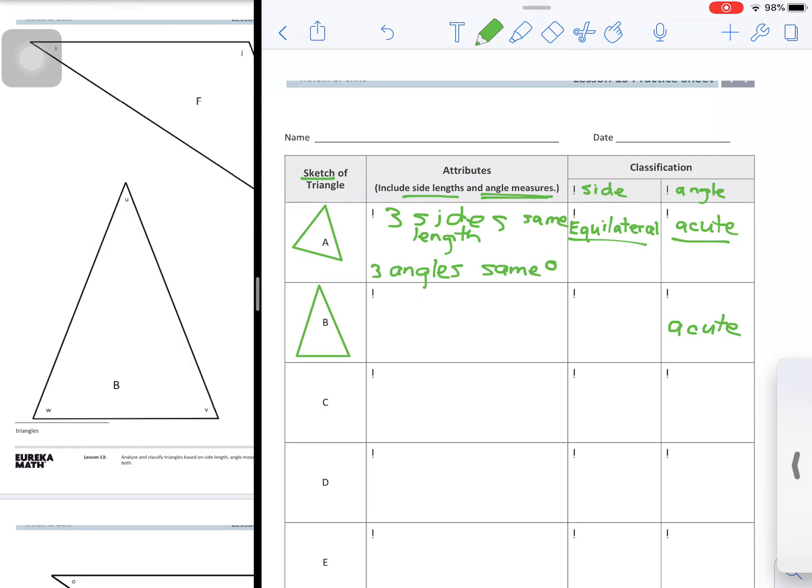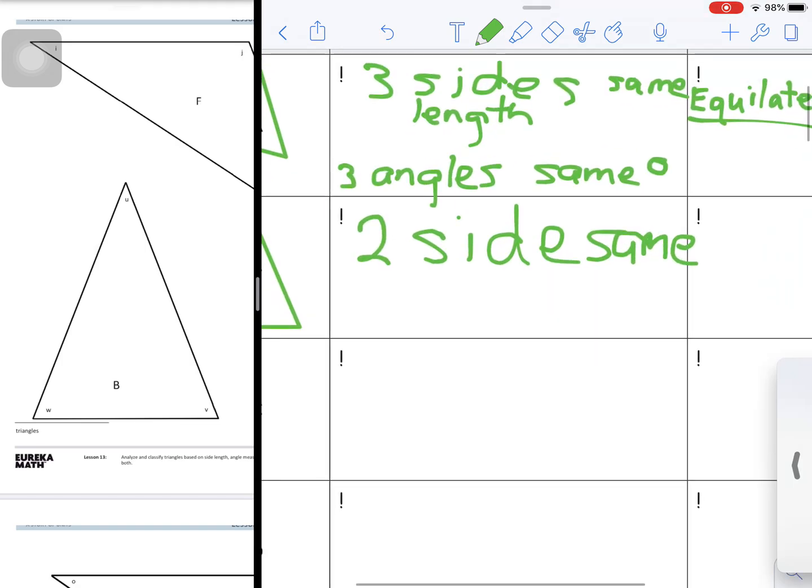Pretty close. Even though it doesn't have three sides that are the same length, it has two sides that are the same length. So I'm going to write that in my chart. And I'm still going to add the other attribute of 3 acute angles.